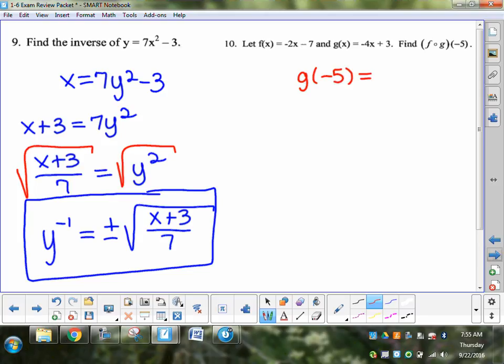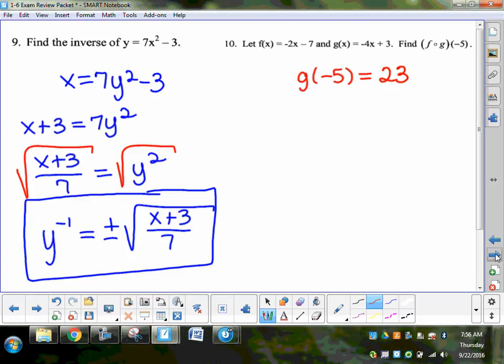Hands up, please, if you can tell me what g of -5's value is going to be. Okay. Can you keep going, please? What you would do after you got that 23? So let's plug it into the f. So we're going to evaluate out f of 23.